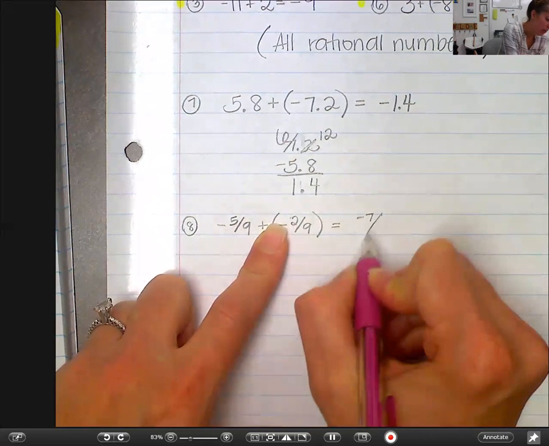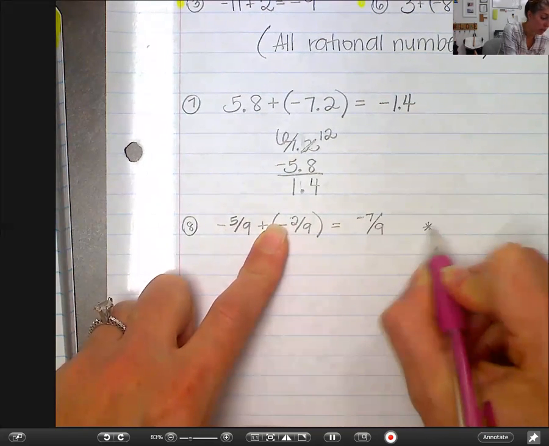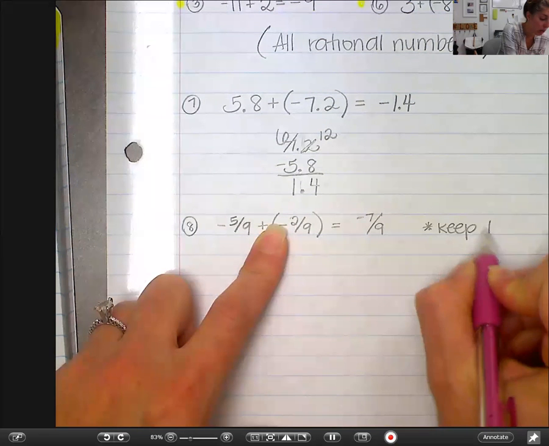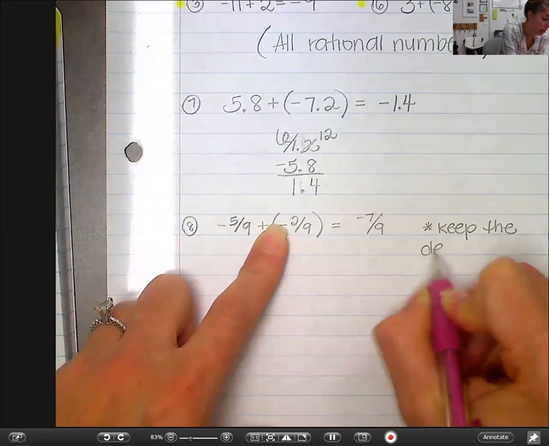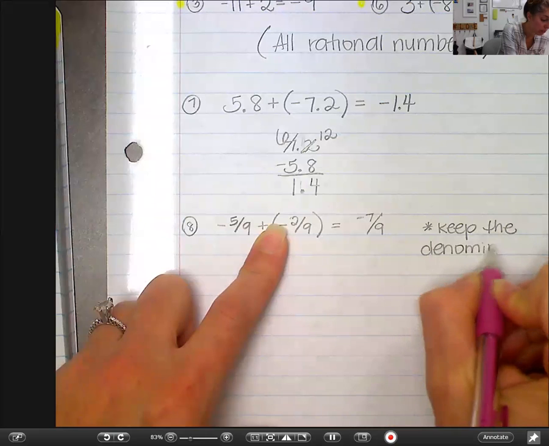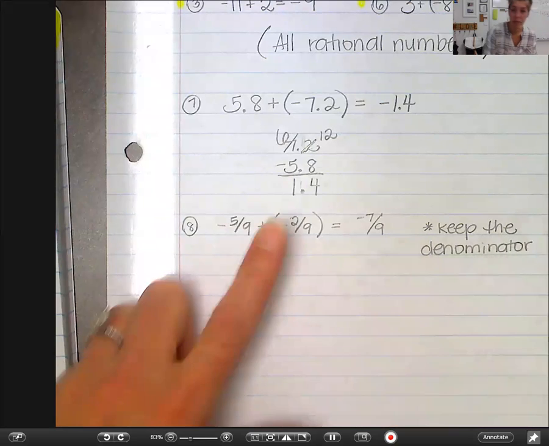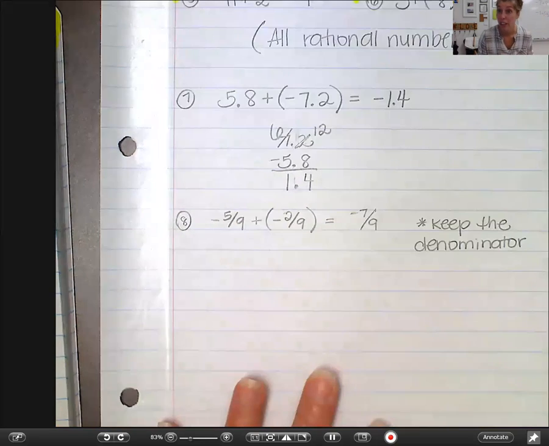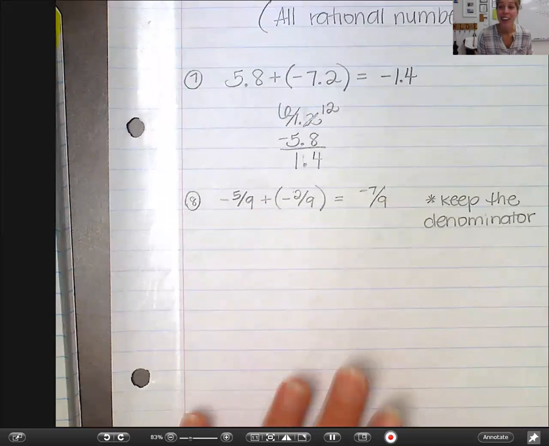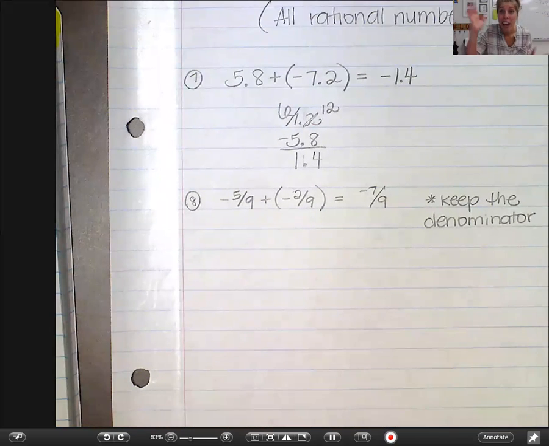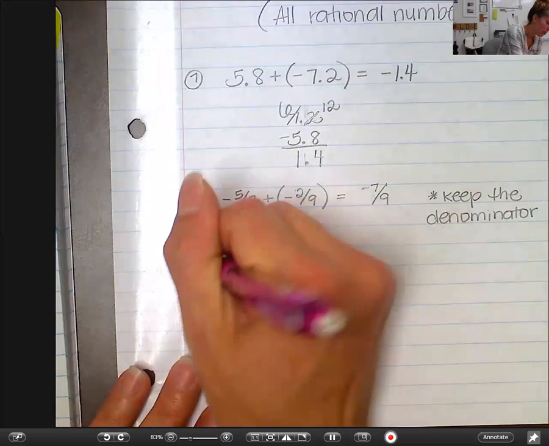And then I keep the denominator the same. So let's write that out to the side. Keep the denominator. Okay. And that's it for our first fraction. It's not that bad. It's just the extra stuff that we sometimes have to do that can be scary, right? All right, so number 9.